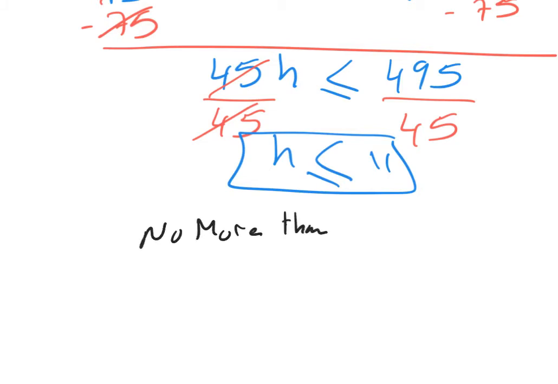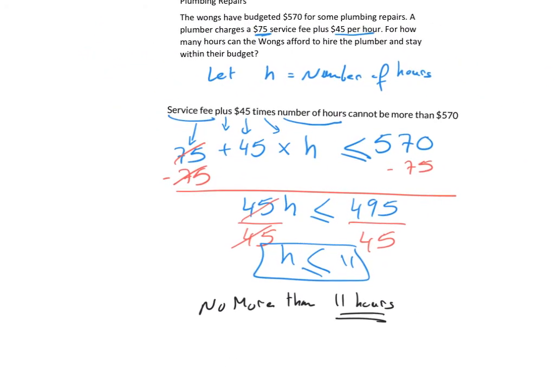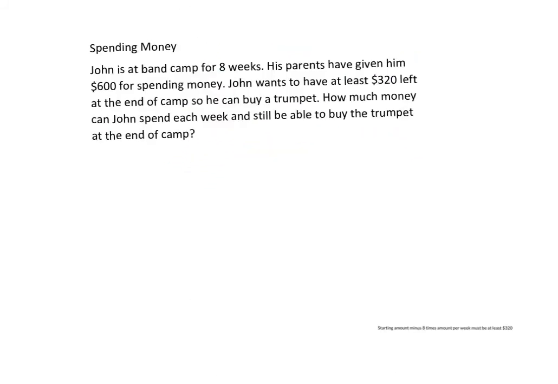And that's the maximum hours that the plumber can work in order to pay him 570.